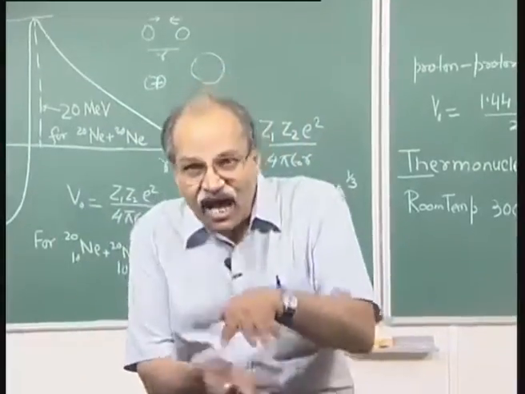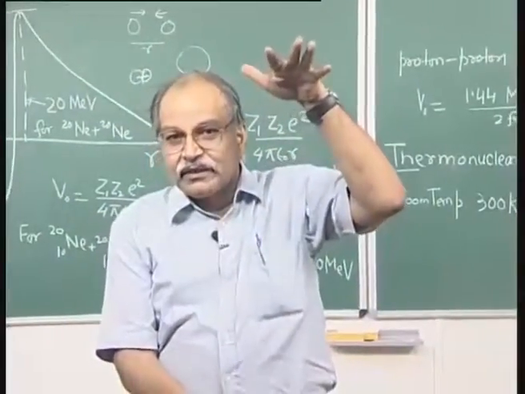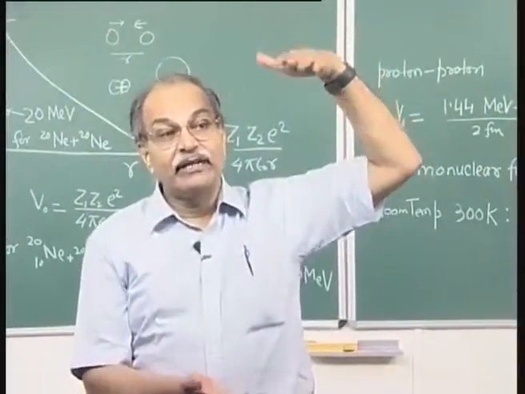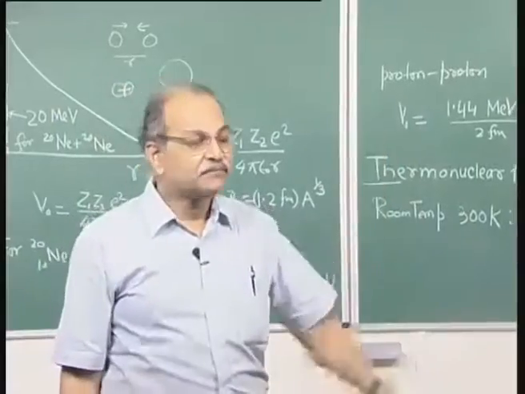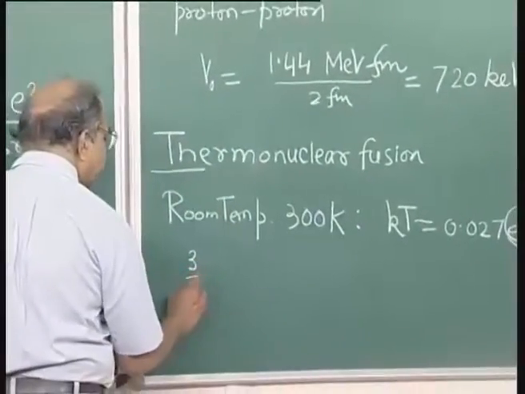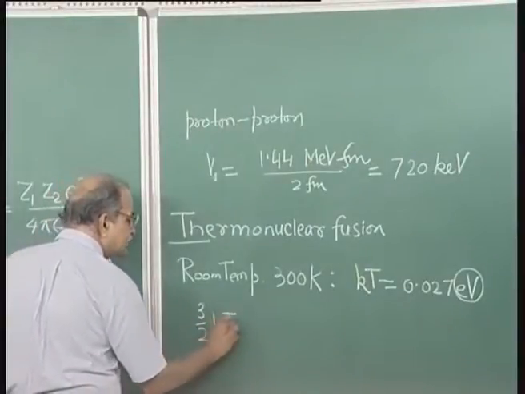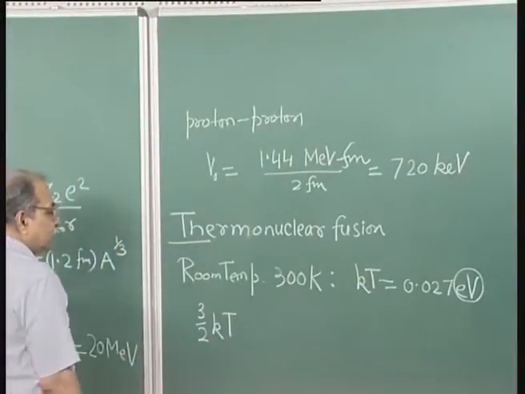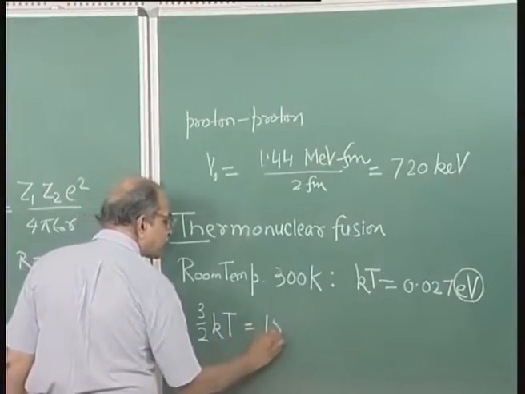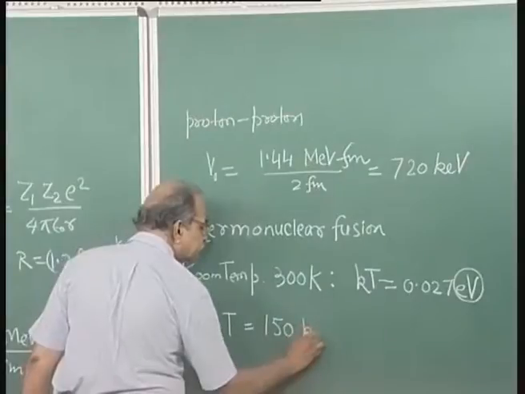If I want an initial kinetic energy comparable to the barrier height, let us calculate what the temperature should be. Let us take 3 by 2 kT as the average kinetic energy, and let us take a temperature where it is 150 keV.